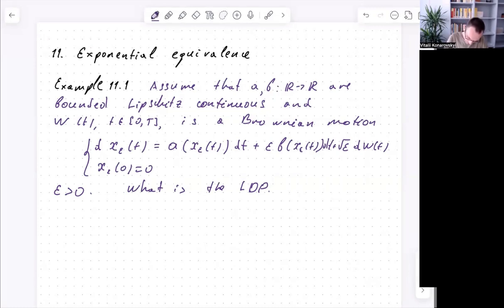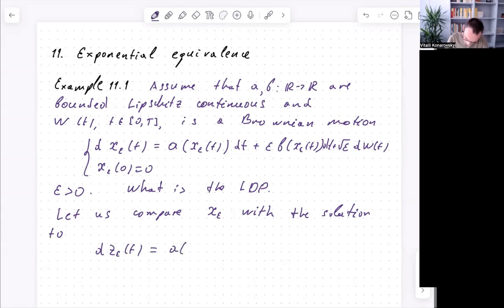So let's compare the solution X^epsilon with the solution to the equation dZ^epsilon_t equals a of Z^epsilon_t dt plus square root epsilon dW_t, for which we proved the large deviation principle, and which also starts from the same point, 0.